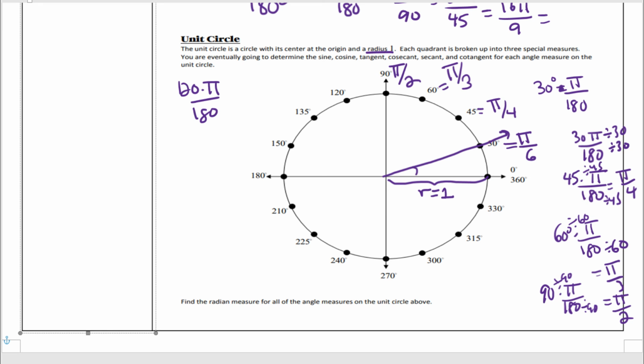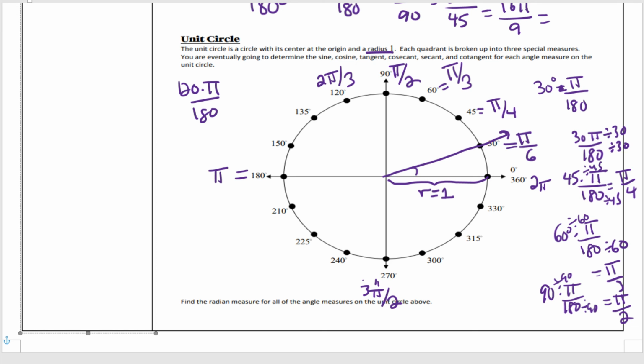Okay, so now we have, so this is pi. This is 3 pi over 2. And then if you do one full circle, this will also be 2 pi. All right, so if I do this, then this will give me 2 pi over 3.